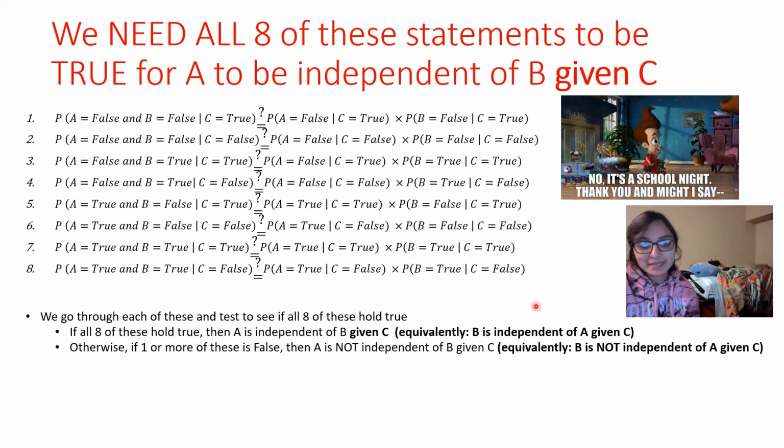Because I want to show you how you would calculate all of these, I'm going to walk through all of the examples, but in reality, you can just stop at the first one that is false. Otherwise, it might turn out that all 8 are true, then A is independent of B given C.